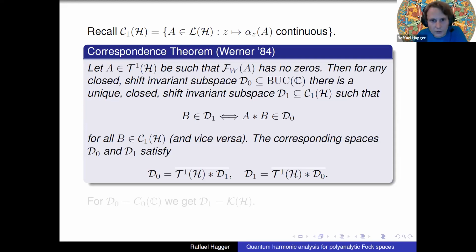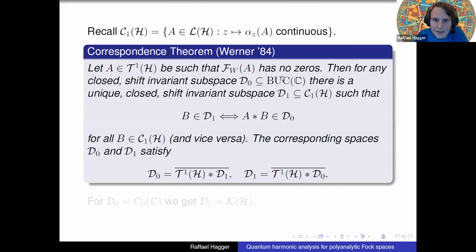So only very recently it came up again, and it proved really useful to study function spaces and Fock spaces and so on. But what does it say? Let's say we have a trace class operator on our Hilbert space such that the Fourier transform of it has no zeros.